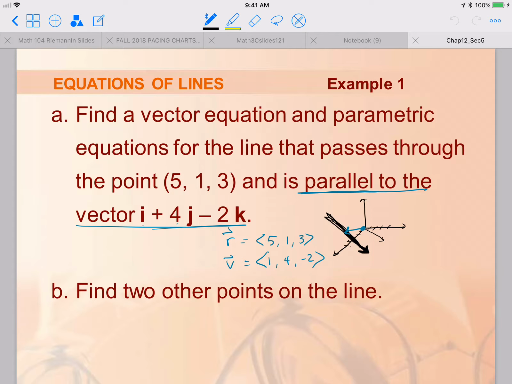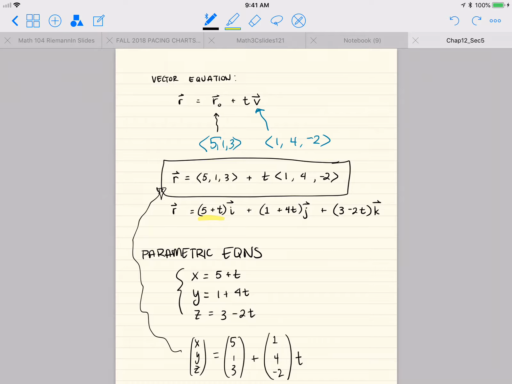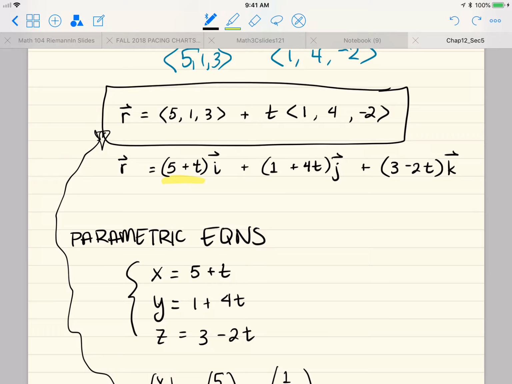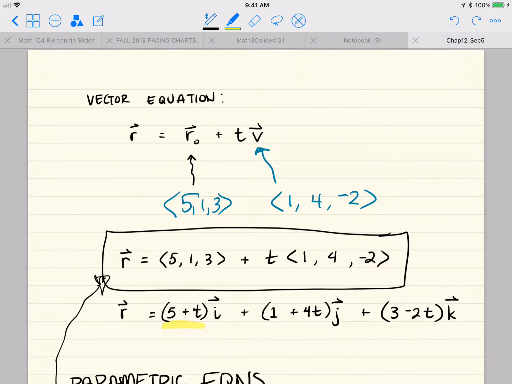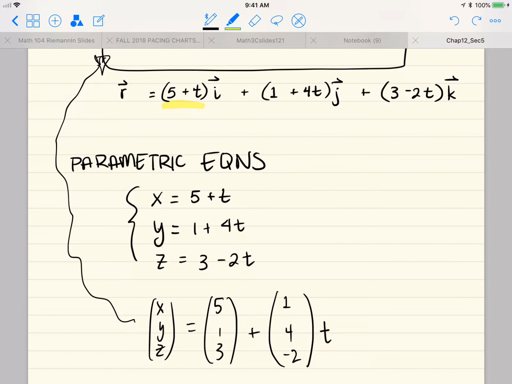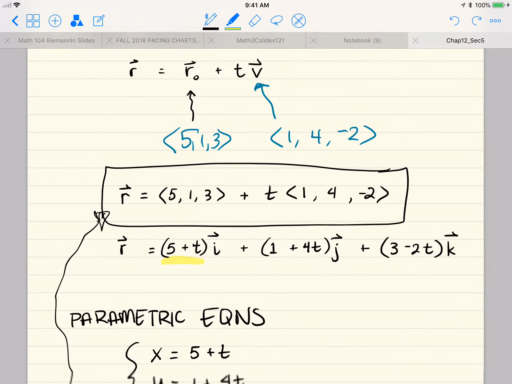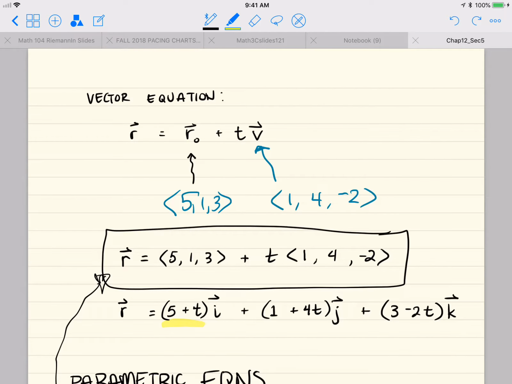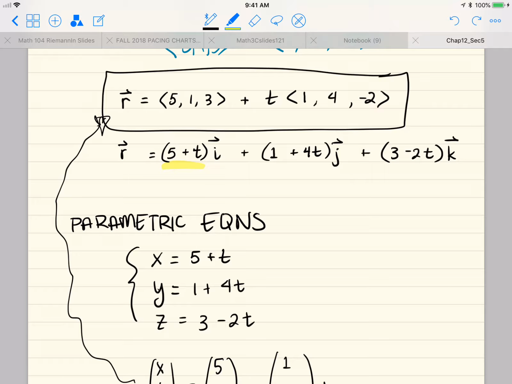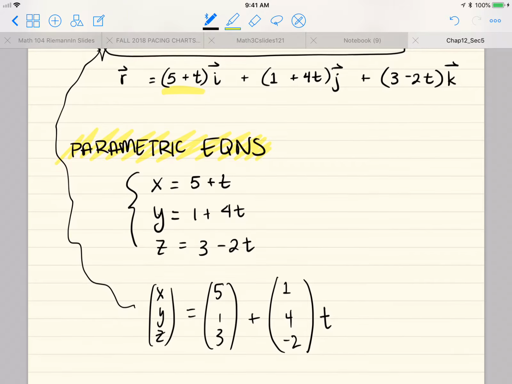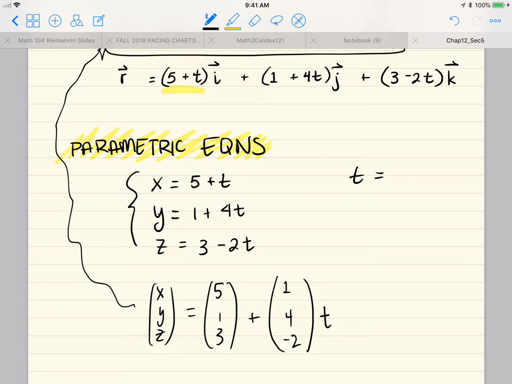Okay, and then the last thing we're supposed to do is find 2 other points on the line. So remember, if we want to find points on the line, do we use the vector equation or do we use the parametric equations? We use the parametric equations, right? If we use the vector equation, we'll get vectors. So let's just use the parametric equations. To get two other points, what happens when t equals 0?